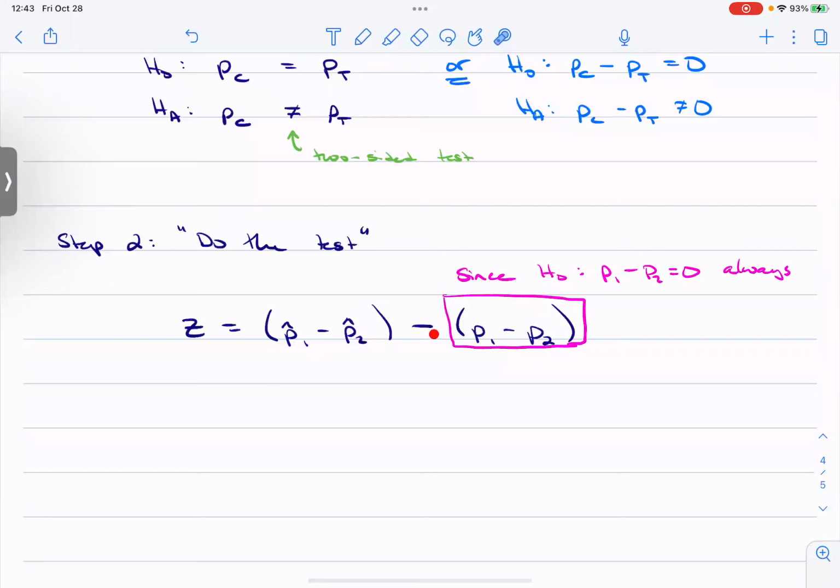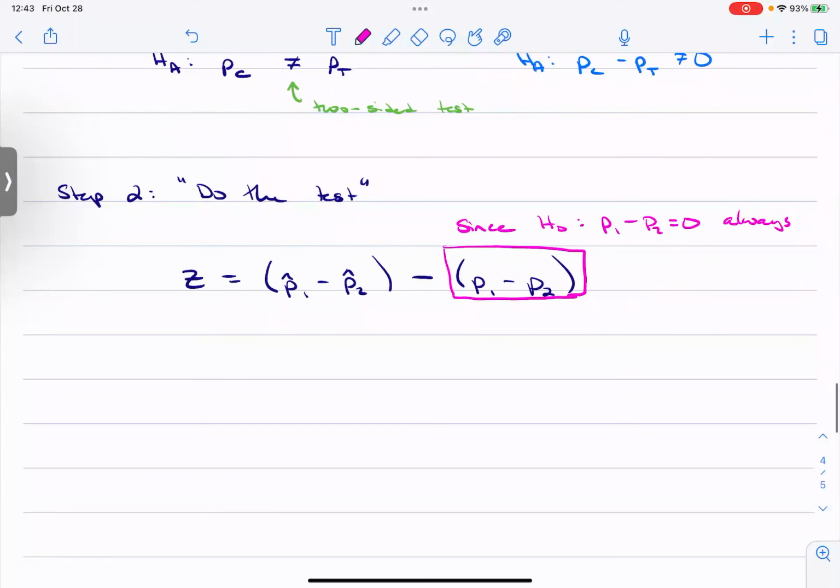So usually we just omit it from the formula. We don't write minus 0. We usually omit this from the formula.